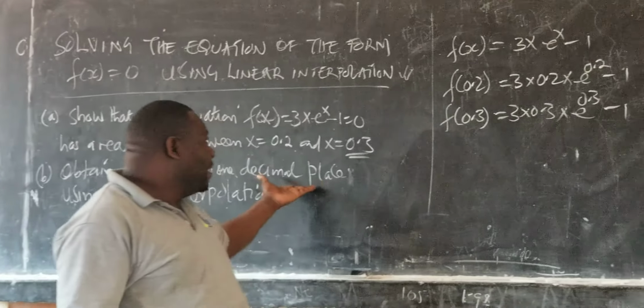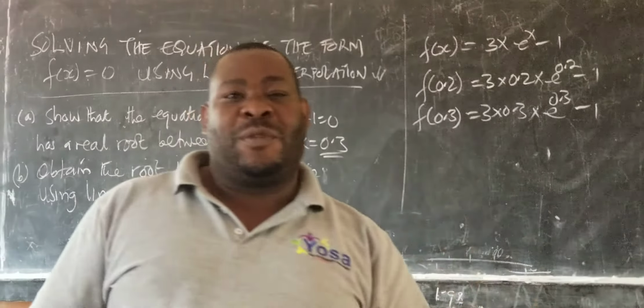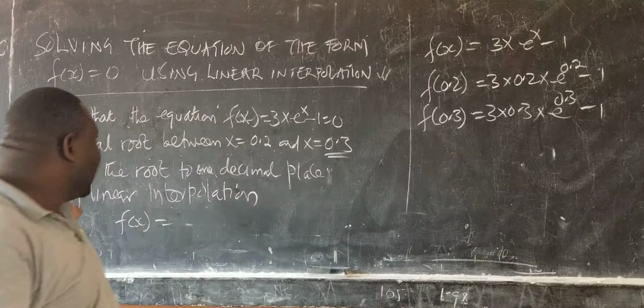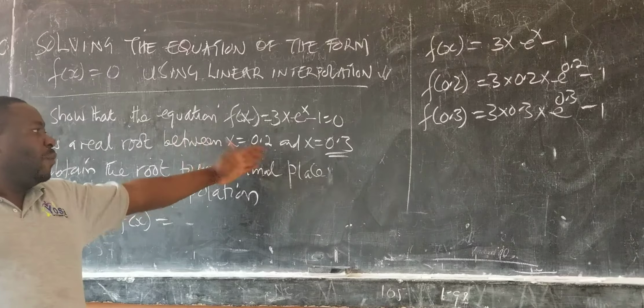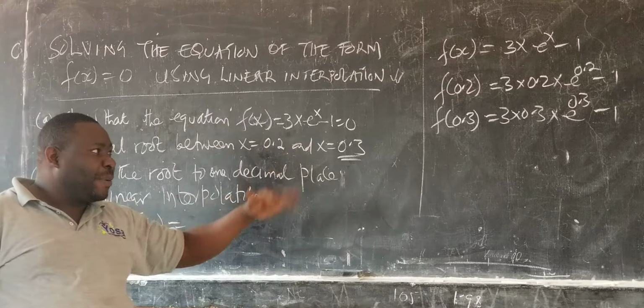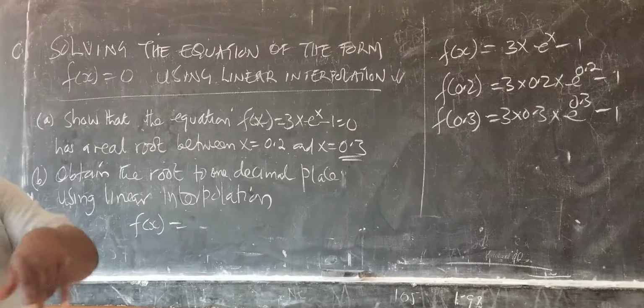We use the graph when we have been required to use the graph, because the graph is time consuming. But in a situation like this one, where you are to show that the equation has a root within this interval, use the change of sign method by substituting in the lower boundary and the upper boundary. If you see that there is a change of sign, then you know there is a root of the equation.